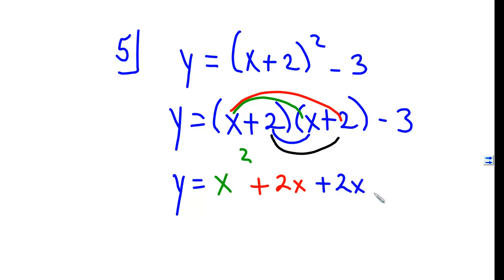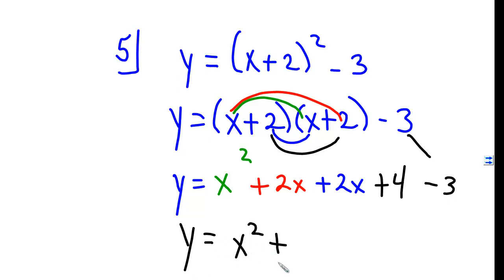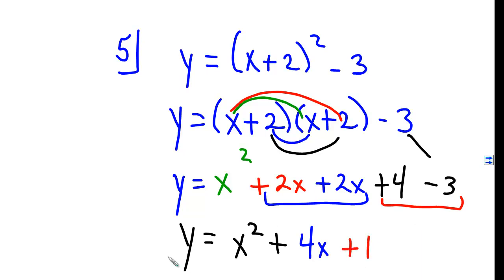And 2 times 2 is 4. But I still have to bring down the negative 3. Combining like terms, we have x squared plus 4x plus 1. So I still have the same answer. And this concludes converting into standard form.